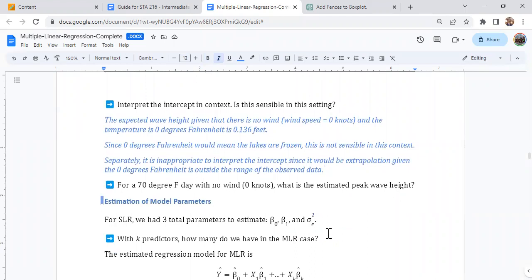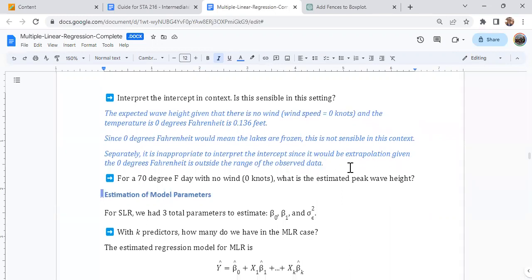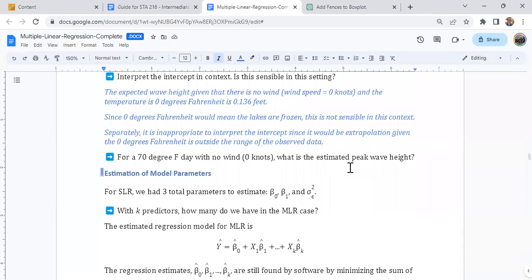Any questions about extrapolation there? It sounds like such a fancy thing, but it's really not. It's just saying, is it inside our data? Is that in the scope of our data?